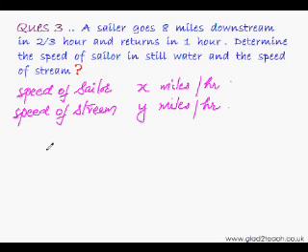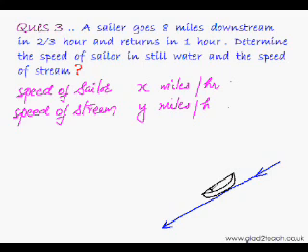So now we need to create two equations, and for that we need to visualize a little. See, this is the direction in which the stream is flowing, and this is our sailor. The speed of the stream is y, and it is always in the same direction, that is downwards.